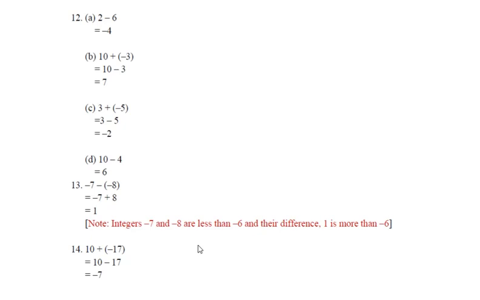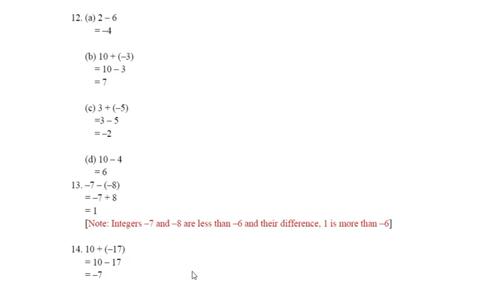It can be any number. But you have to write such a pair of two integers which should be less than minus 6, which means you have to use the negative integers only, just like in question number 11.